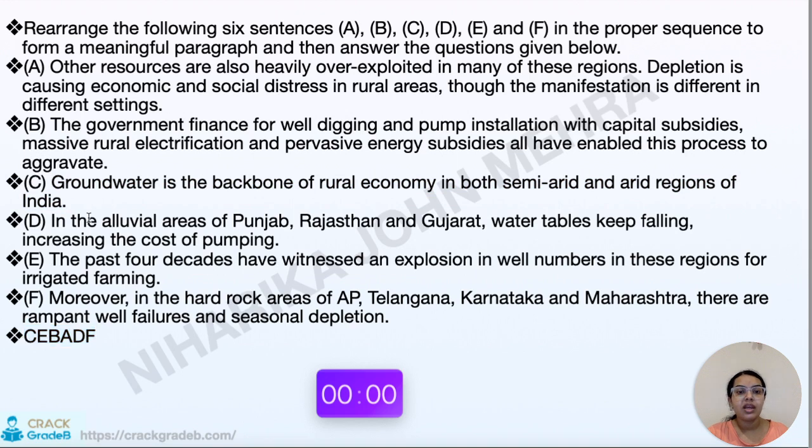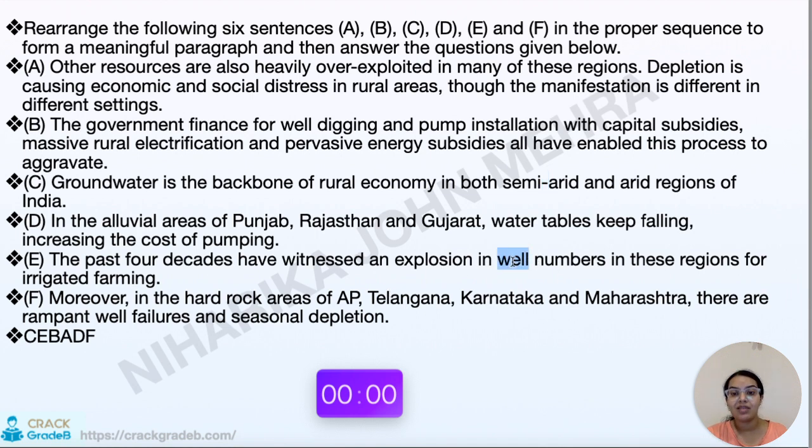Okay. In the alluvial areas, water table keeps falling. Now this is the negative thing increasing. Keep that in mind. The past 4 decades have witnessed explosion in well numbers for irrigated farming. See, arid means dry, semi. So dry regions will require an explosion in well numbers.